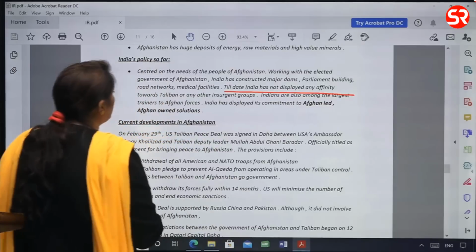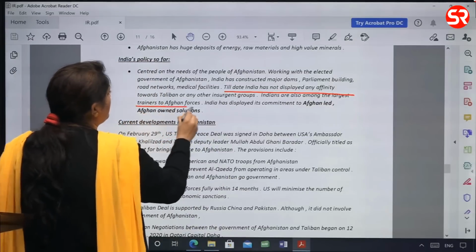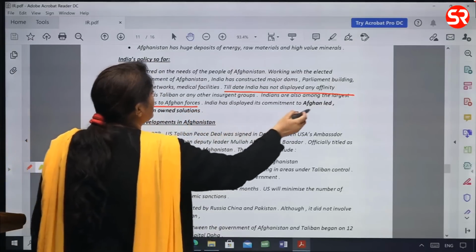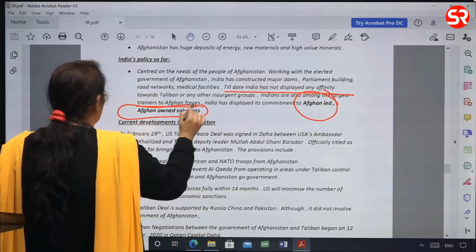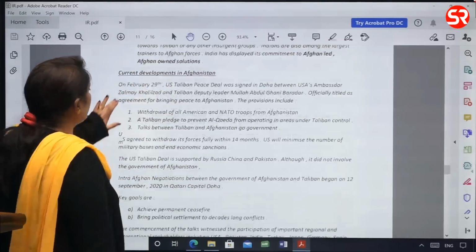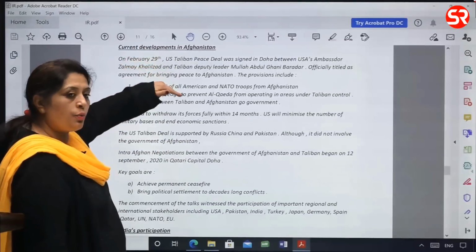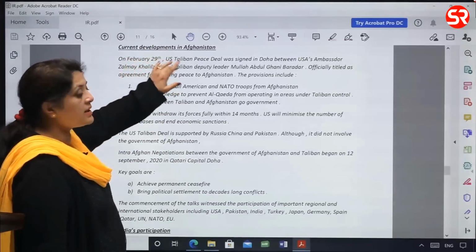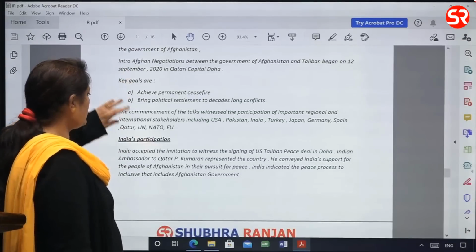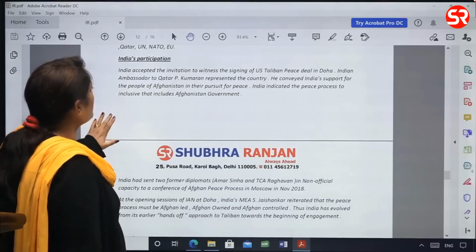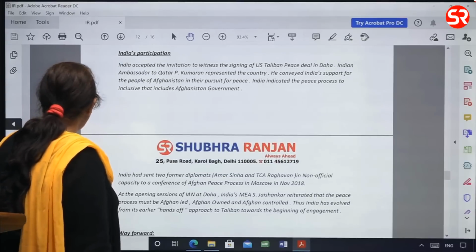Indians are also among the largest trainers of Afghan forces, and we have held that it should be Afghan-led and Afghan-owned solutions. So in the current development, there are two parallel processes: US-Taliban and second, intra-Taliban negotiations. Now India's participation.